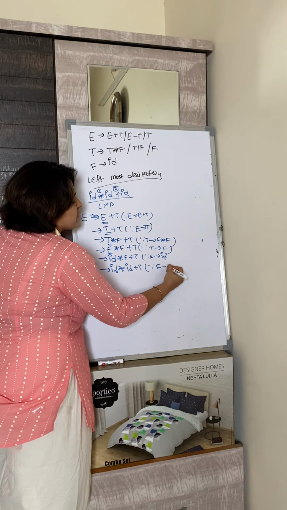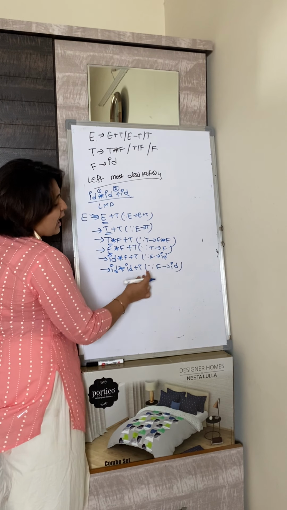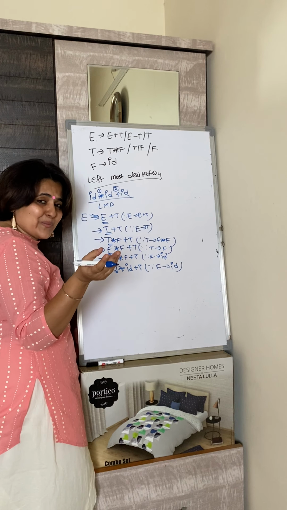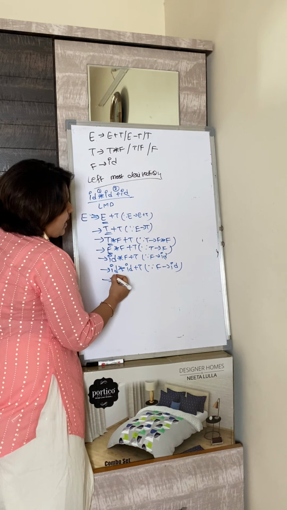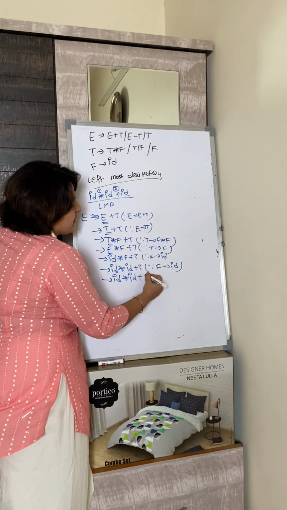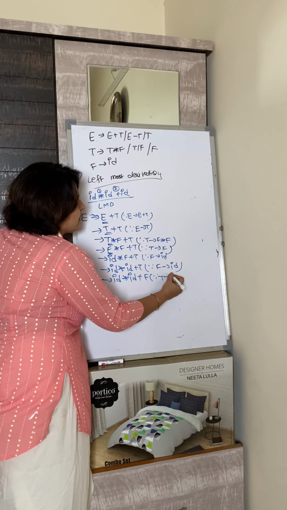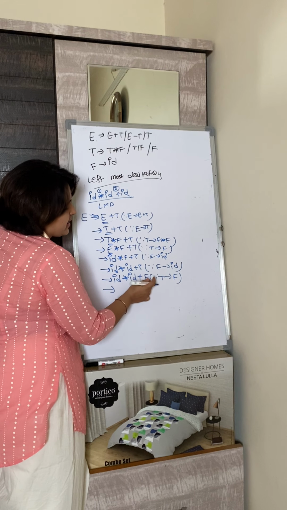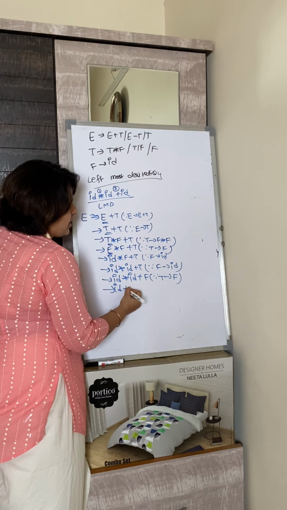Now how many non-terminals do you have on the right side? A single one. So anyhow that is going to be handled. So now ID multiplied with ID plus T will be converted to F. T will derive F. And finally how many non-terminals do you have? Single. So that is going to be handled only.